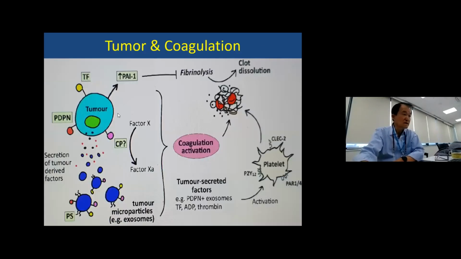So in the tumor again, we have multiple factors, and the microparticles contribute to coagulation. Some factors may dissolve clot, but some more activate clotting. In particular, tumors also have a lot of tissue factor and thrombin, so they make clots. Some are well balanced, some predominantly clot, some resolve bleeding.